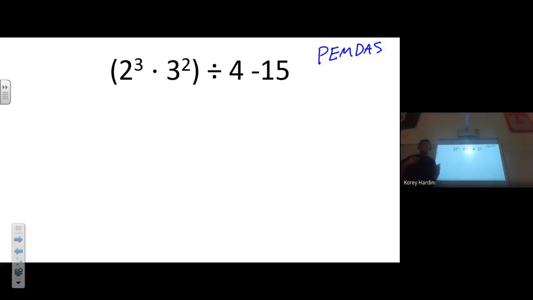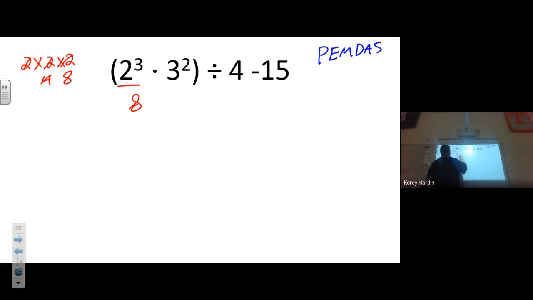What that means is anything in the parentheses I've got to solve. So the first thing I'm going to solve is this, because it's on the left inside the parentheses. So I go from left to right inside the parentheses. In expanded form, I've got 2 times 2 times 2. 2 times 2 is 4, and 4 times 2 is 8. So I know that that is 8.